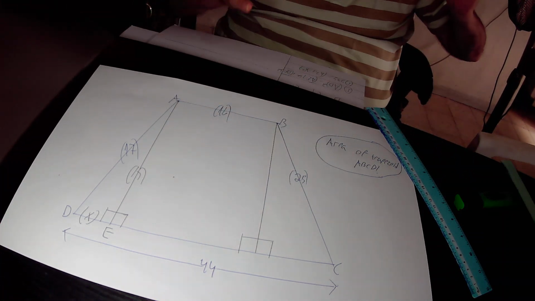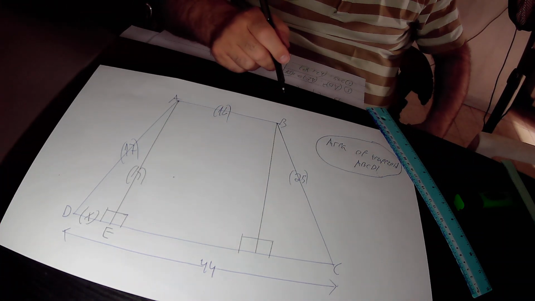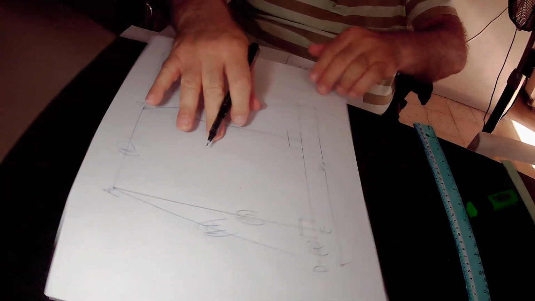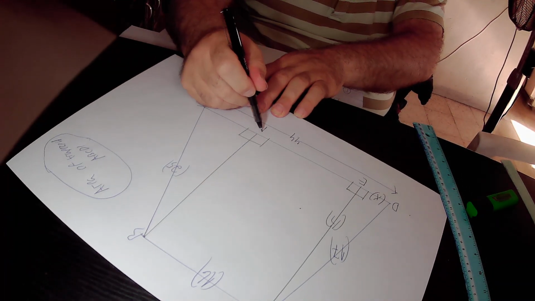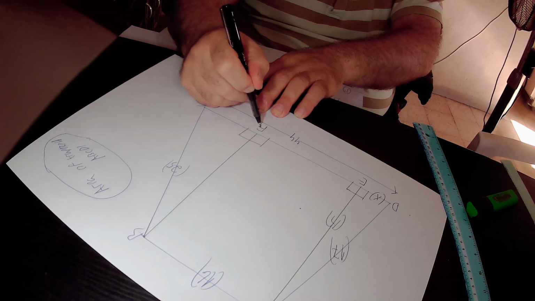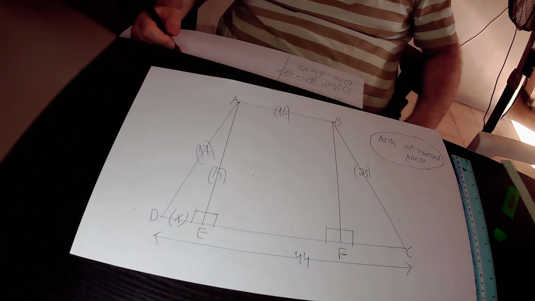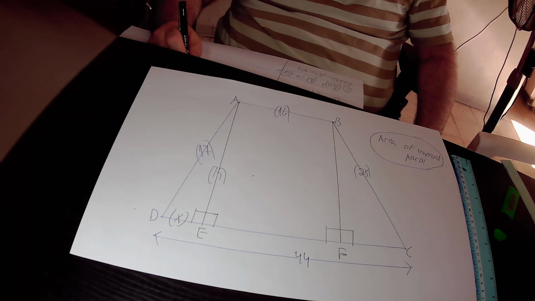We will define the touching point of the perpendicular from point B on DC. This point is point F. It gives us a question.